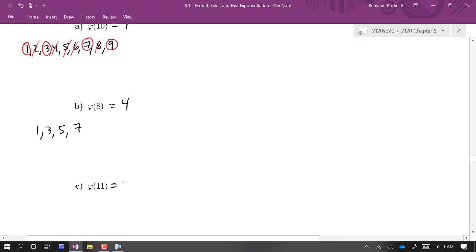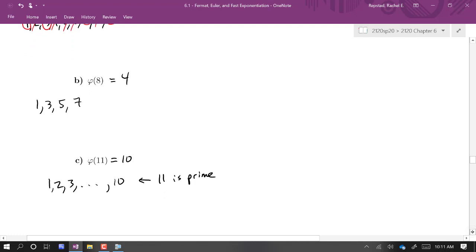You should find that phi of 11 is equal to 10. 11's prime, so all of the integers that are less than 11 are relatively prime to 11. So if you have any prime p, phi of p is always going to be just p minus 1. So phi of 7 is 6, and phi of 23 will be 22.